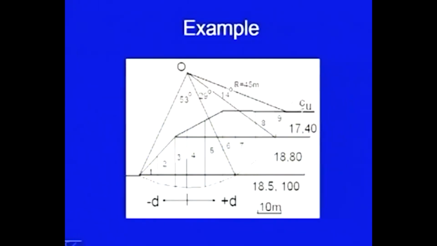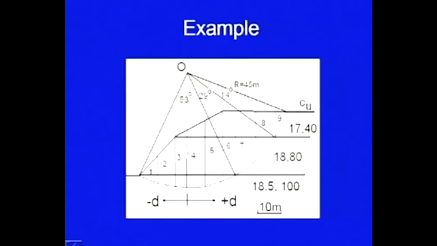So, here these are the values, gamma values 17 kilonewton per meter cube, here it is 18 kilonewton per meter cube, 18.5 kilonewton per meter cube, and Cu is equal to 40, 80 and 100 kPa.